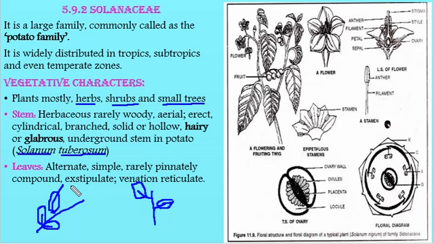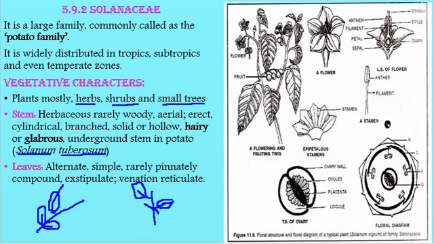Then ex-stipulate. Ex-stipulate means the stipules are absent. Then what are stipules? You look at this leaf. In some of the plants, especially in hibiscus, there is a small appendage present at the base of the leaf. There are two appendages present in case of hibiscus plant. These small appendages are known as stipules.